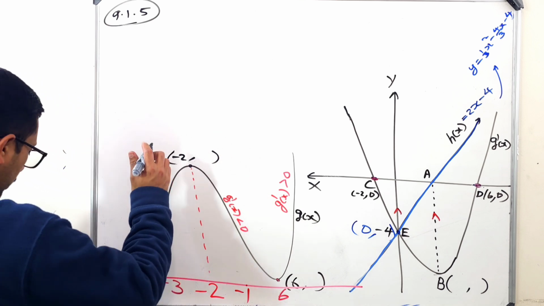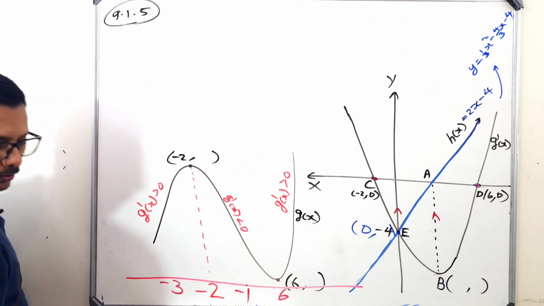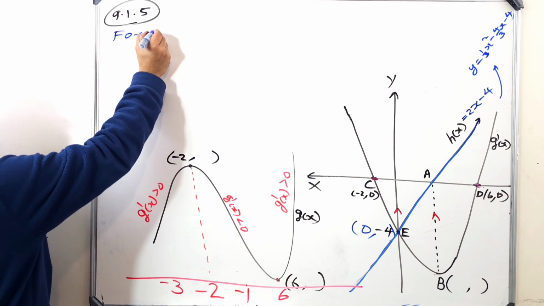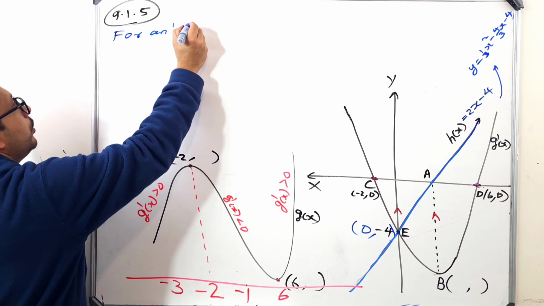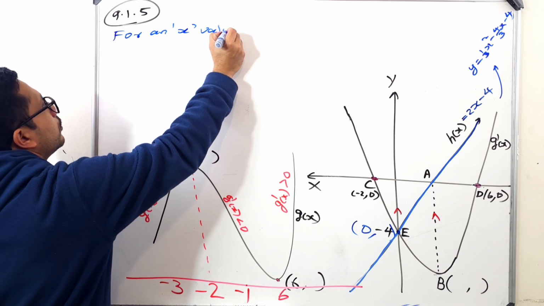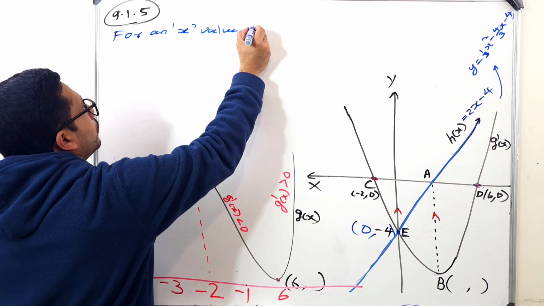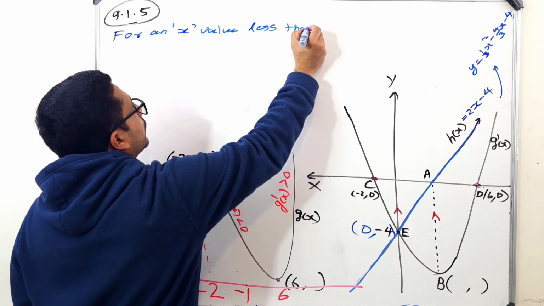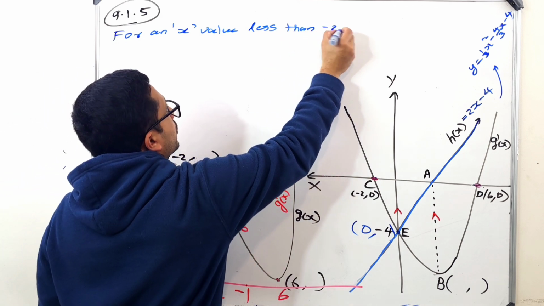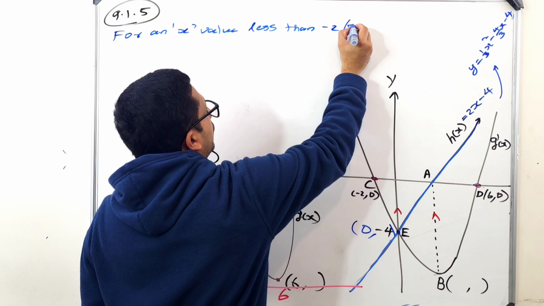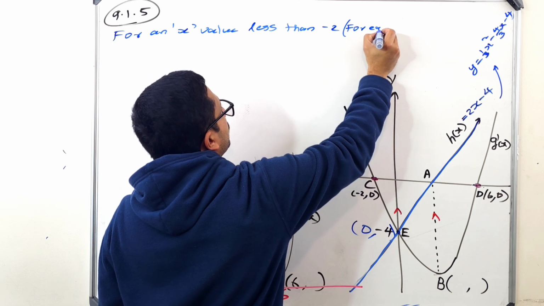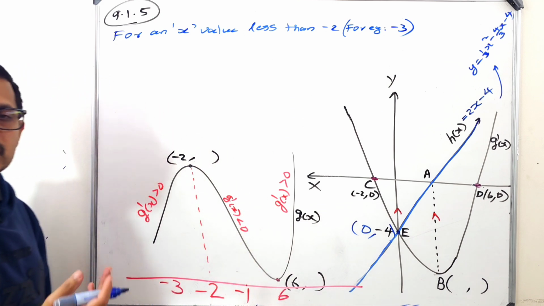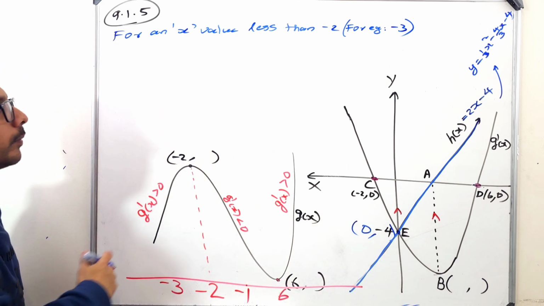For an x value less than -2, for example -3. Is it not? -3 is less than -2.